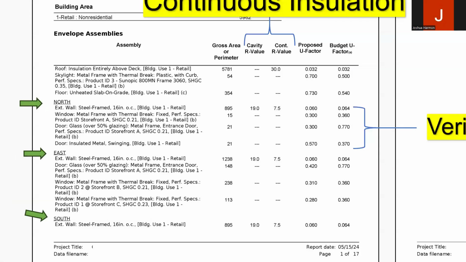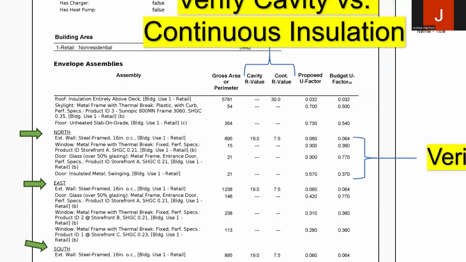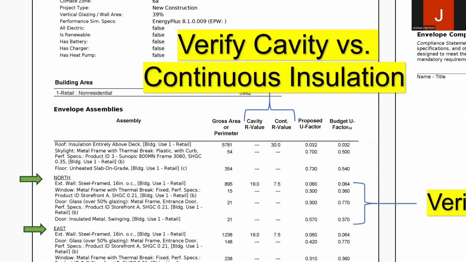I need to go to each of those wall systems and say, okay, this is all part of the north wall. So I'm looking for a 19 bat with a 7.5 continuous, right? I'm looking at an R30. Now, we just talked about this, right? I can get an R30 roof insulation and still pass by 2%, right?